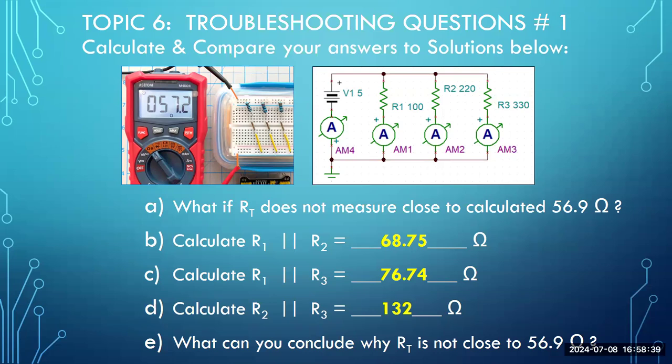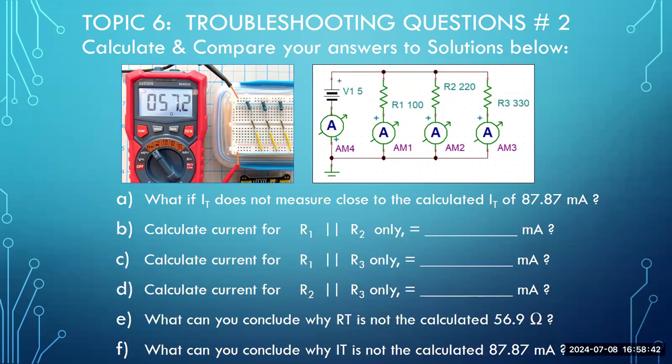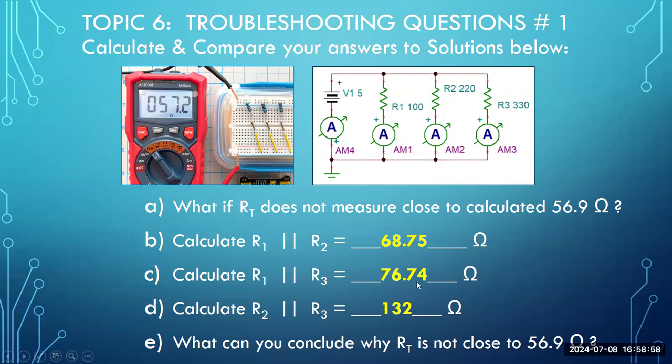The second scenario here presumes, in item C, suppose something happened to R2. R2 is burnt out, missing, not hooked up, whatever, leaving you only R1 parallel with R3. So with only two resistors in parallel with each other, the ohms worked out to be 76.74 ohms. So your calculation of current is 5 divided by 76.74.